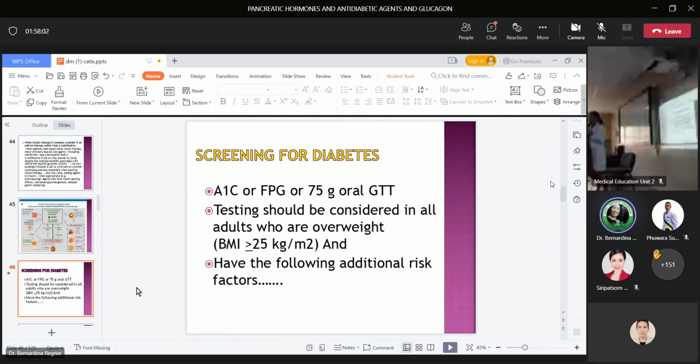It's weight in kilogram over height in meter square. Okay? So, I ask you to compute your own BMI so that you will know whether you are overweight, underweight, or normal. That's very good if you are normal, or obese 1 or obese 2.